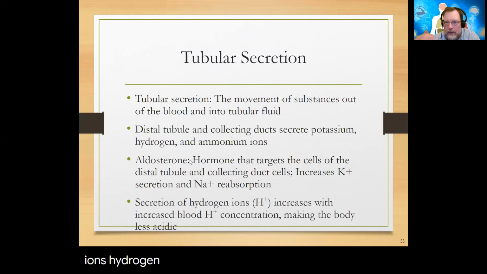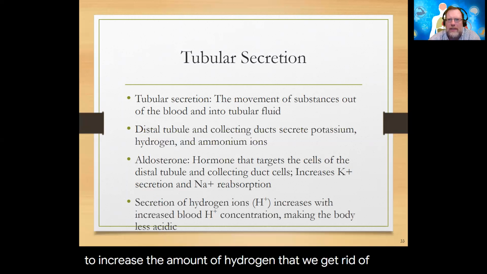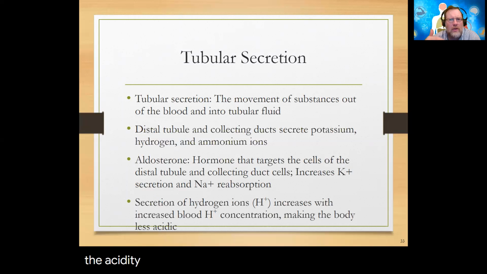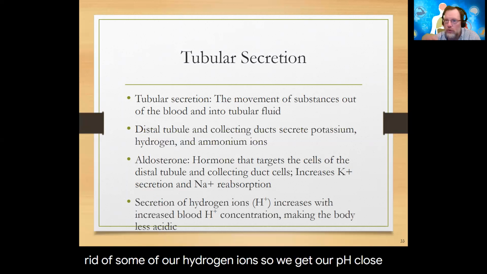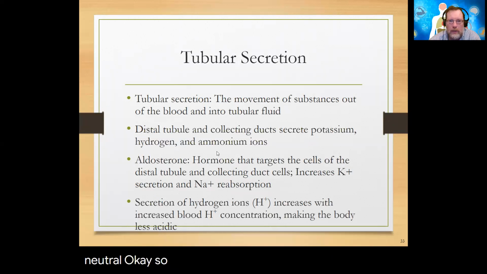Hydrogen ions, again, to decrease blood acidity. We want to increase the amount of hydrogen that we get rid of. We want to get rid of some of our hydrogen ions so we get our pH closer to neutral. Okay, so we can eliminate hydrogen ions.